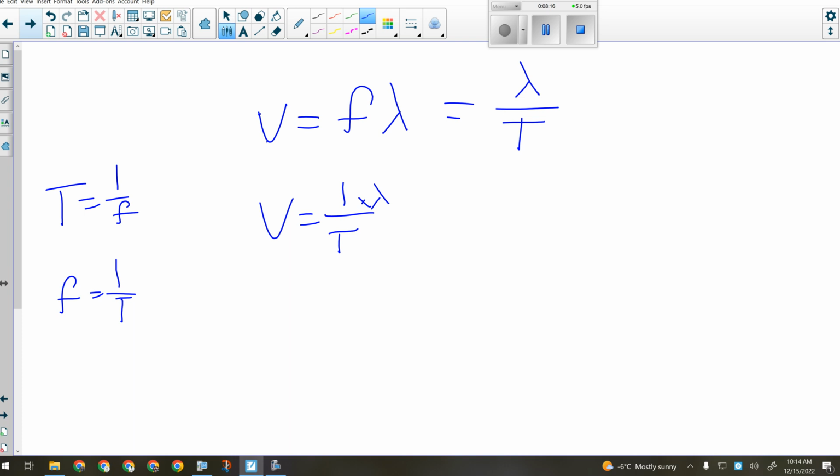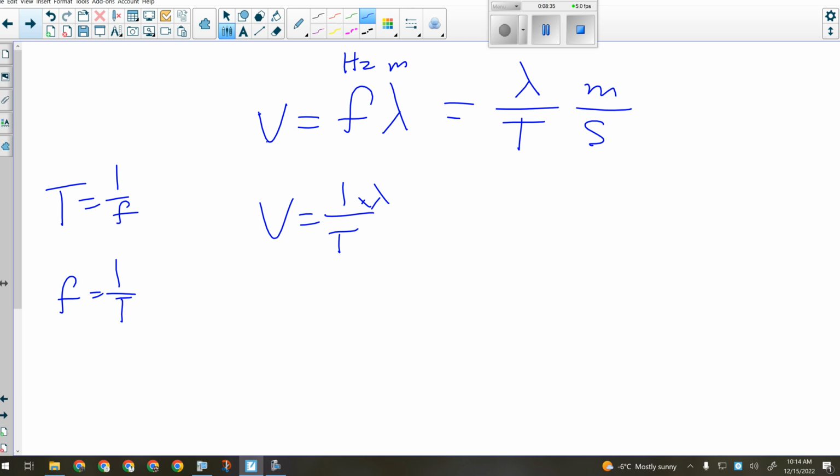When we do this, this is going to be in meters, this is going to be in seconds, this is going to be in hertz, which are cycles per second, and this is going to be in meters, so we're going to get meters per second, no matter which way we do this.